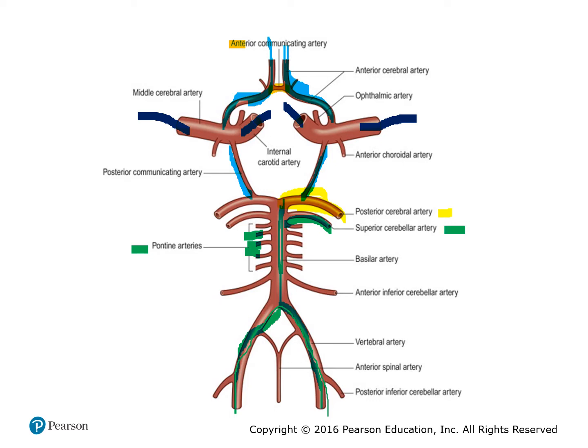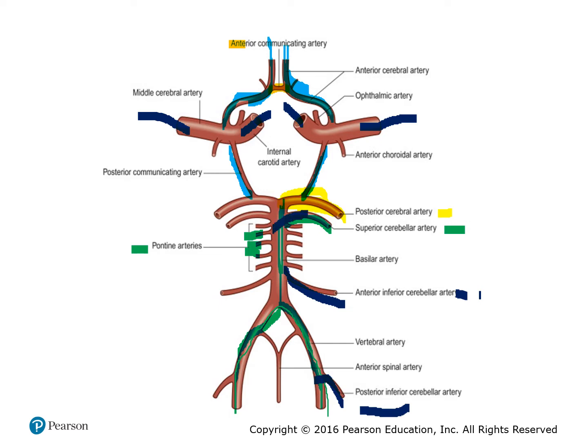So what do we have a little different here than last one? We're adding in, if you look at the bottom here, posterior inferior cerebellar artery, or PICA. And if you look towards the middle, AICA. So we have a posterior inferior cerebellar artery and an anterior inferior cerebellar artery. Okay.